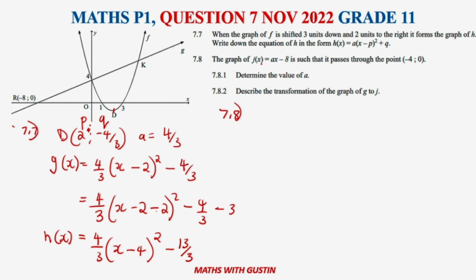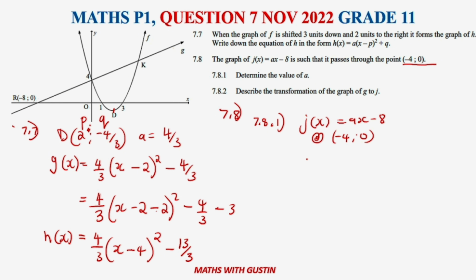It is said that the graph of j of x is given by a x minus 8, such that it passes through this point here of minus 4 is to 0. Then they say determine the value of a. Simple and straightforward. They said j of x is equal to a x minus 8. Okay, and then they said there's a point here, minus 4 and 0, so therefore when x is minus 4, y is 0.